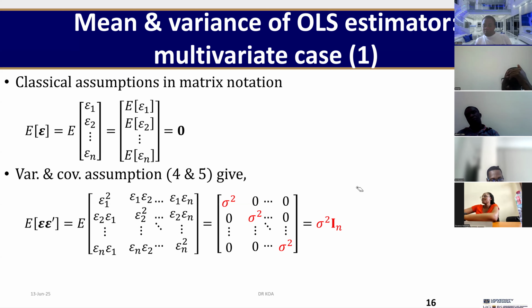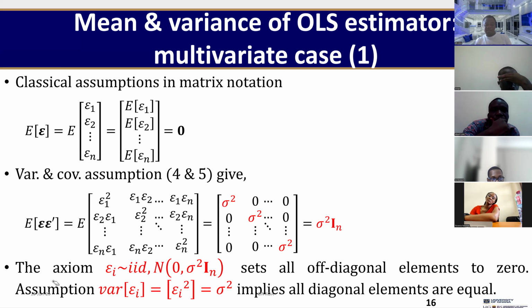And this will represent the principle of homoscedasticity. This is just a way of writing the homoscedasticity assumption in a matrix form for the multivariate case. And it's the same thing that we have here, which we have explained.